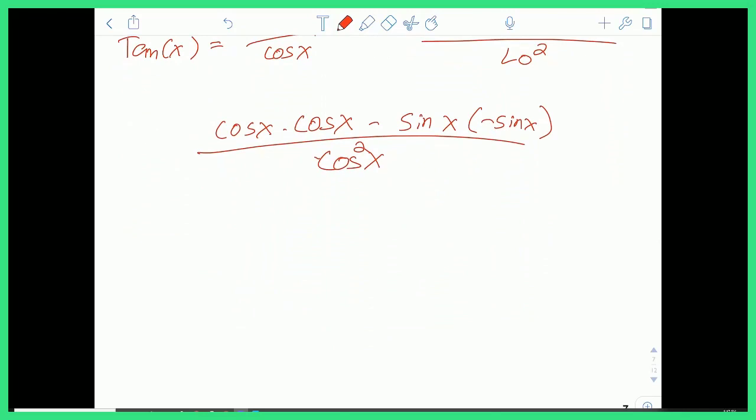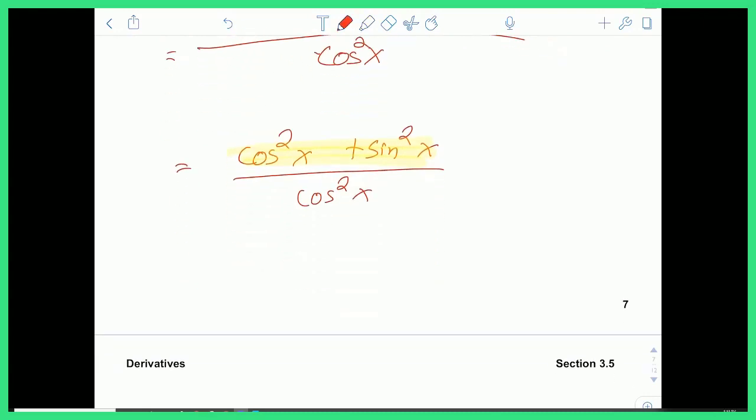So this now is going to equal cosine squared x minus, makes plus, sine squared x all over cosine squared x. And I know from earlier in this video we said that cosine squared plus sine squared is equal to 1. So I'm just going to put a 1 here.